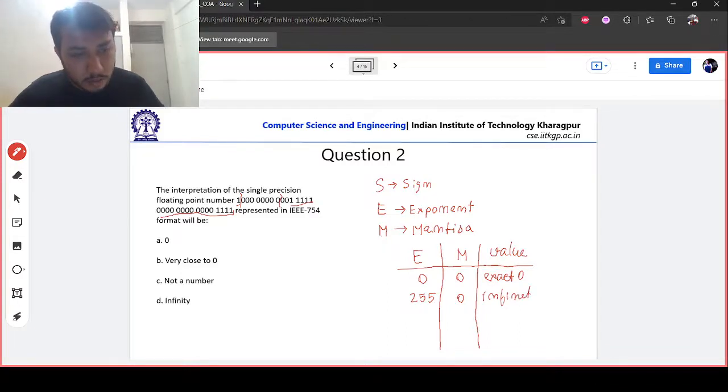Next, if the E value is 0 and the M value is not equal to 0, we call this a special kind of number called denormalized numbers. These represent numbers which are not zero, but very close to zero.